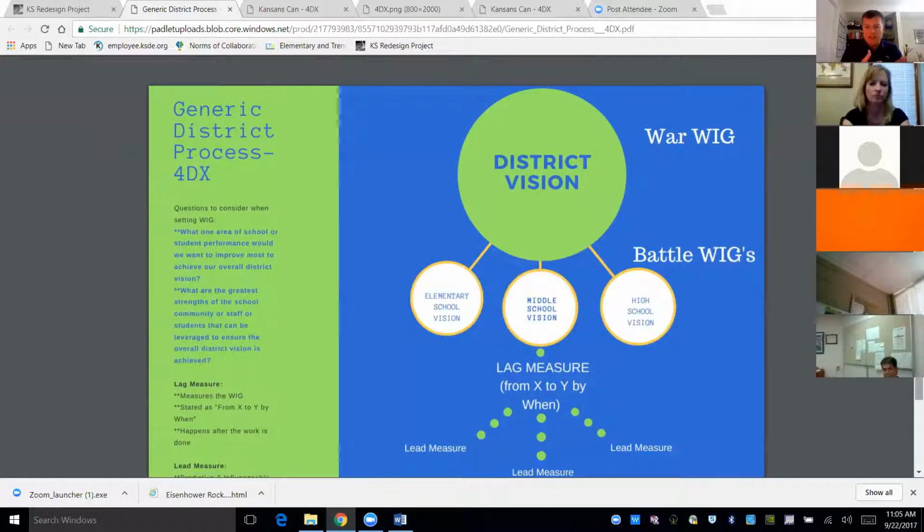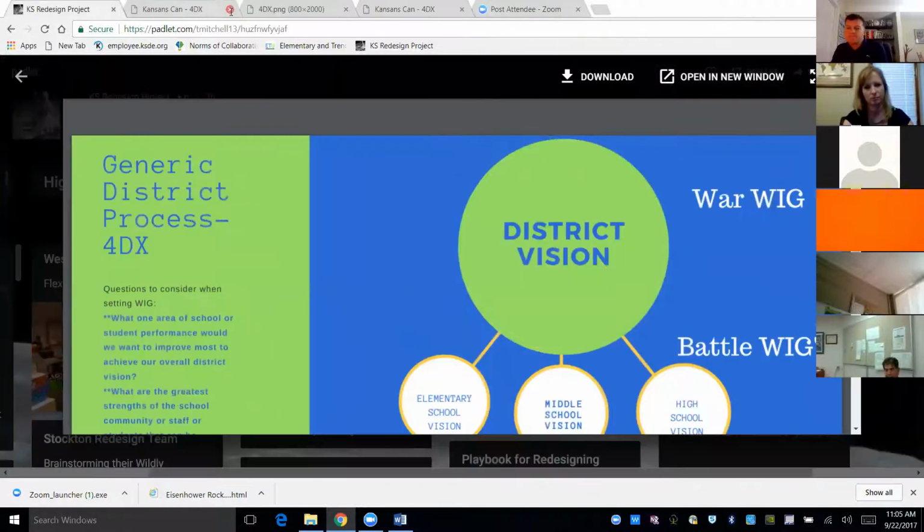At the elementary level and at the secondary level, they're working on their battle WIG and trying to turn it into a lag measure from X to Y by when. And then the next step is talking about lead measures, but we don't want to get into that today. So that's just the 4DX process, at a national level, a state level, and then down to the district level.